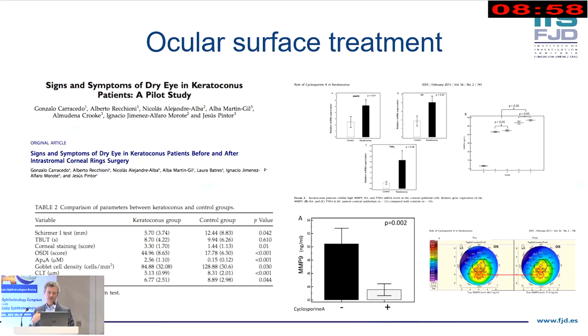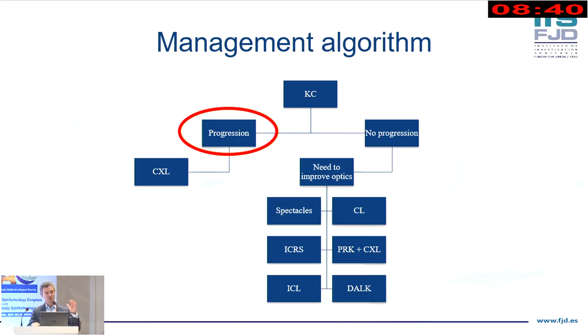Other groups published an increase in inflammatory cytokines and MMP9, and even reductions with cyclosporine in those molecules, and also showed an example of a patient improving the keratoconus after treatment with cyclosporine. So remember, the first step of the algorithm is to treat ocular inflammation if there's any.